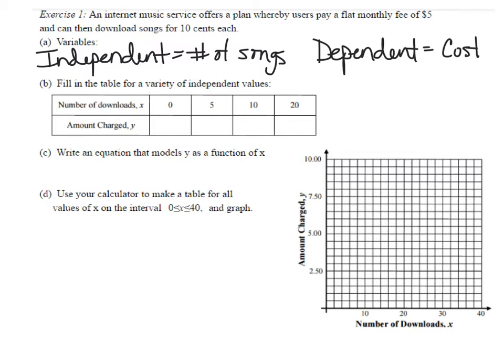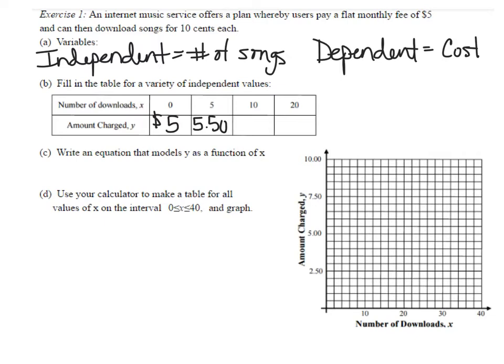So we can take a look at the table of values and evaluate some of the costs associated with downloading the songs. If, for example, we download 0 songs, the only thing that we are paying is $5 for the monthly fee. If we download 5 songs, 5 times 10 cents each is 50 cents, and we add on the flat monthly fee of $5 and end up paying $5.50.